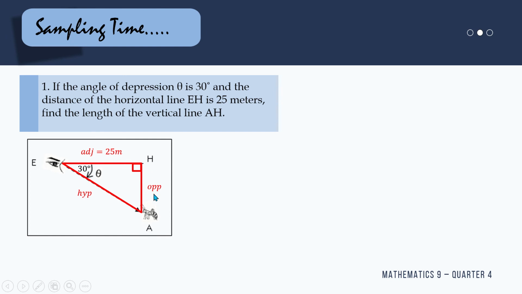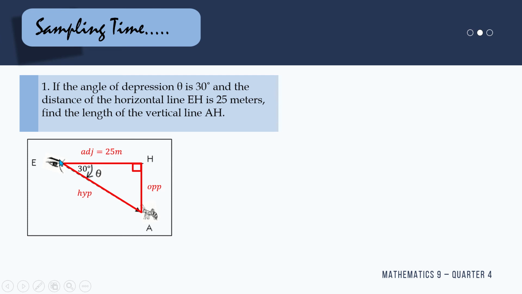So, if we will look back sa parts of a right triangle, asa ang reference angle? Okay, naa sa angle E ang reference angle, which is 30 degrees. So automatically, the side opposite the reference angle is our opposite side, which I wrote OPP, stands for opposite. And the side nga tapad sa reference angle is the adjacent side, abbreviated ADJ, which is 25 meters according sa given.